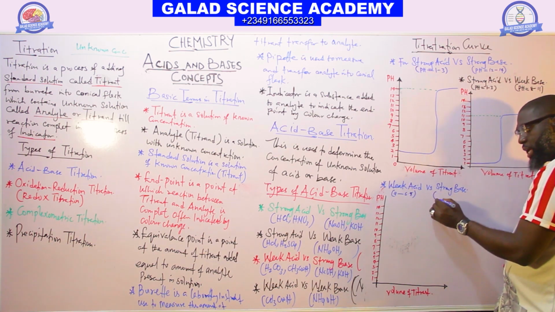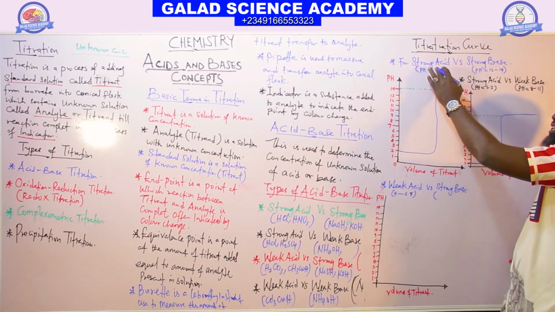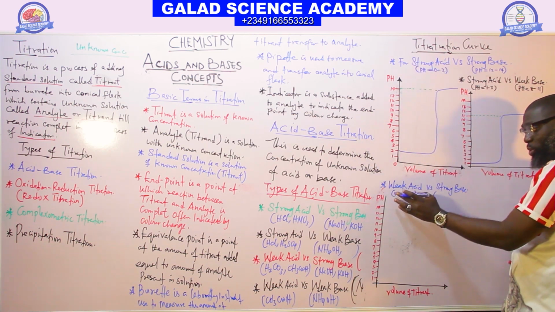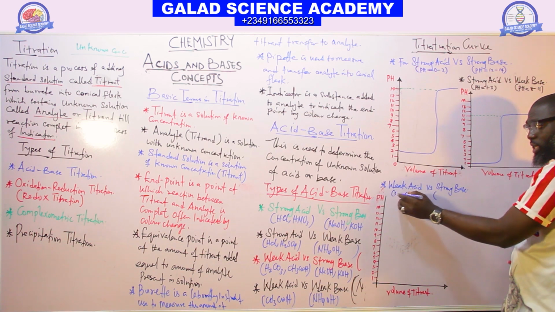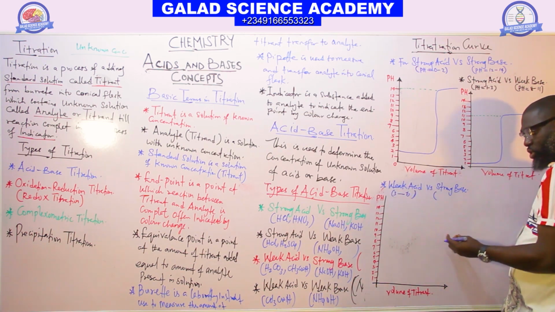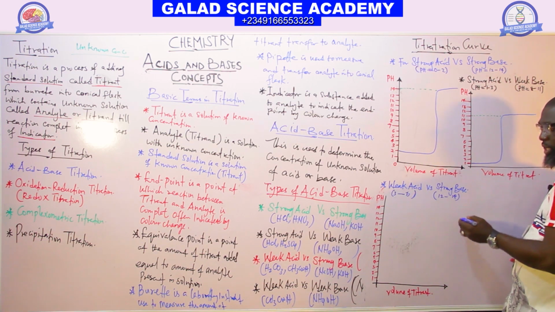So the pH for strong acid is supposed to be 0 to 2. So the weak is supposed to be 3 to 6 upward. But 7 is neutral. And the strong base is between 12 to 14, the pH.